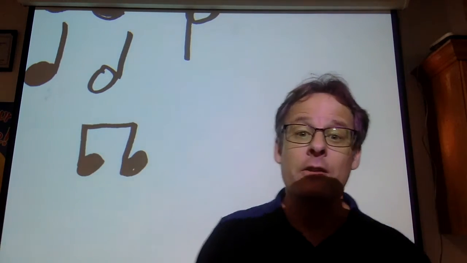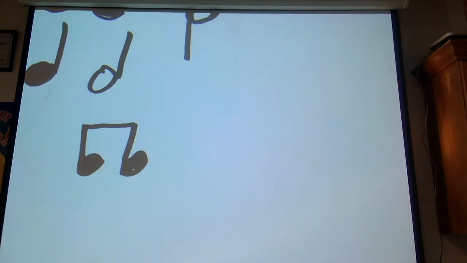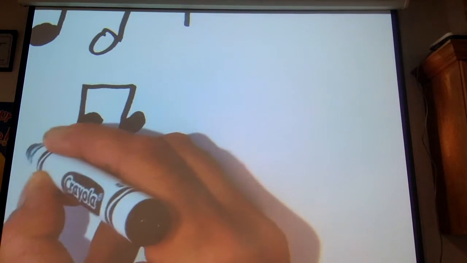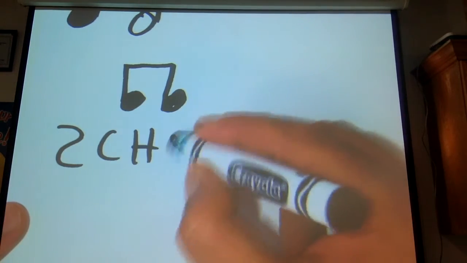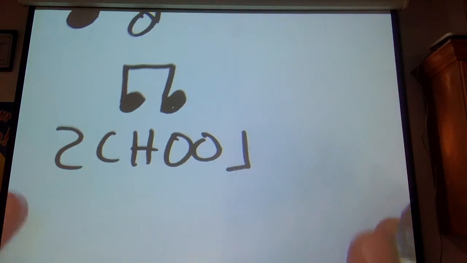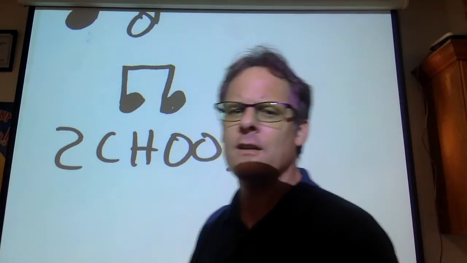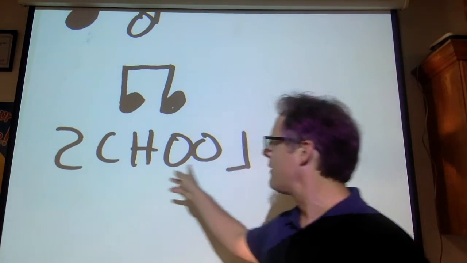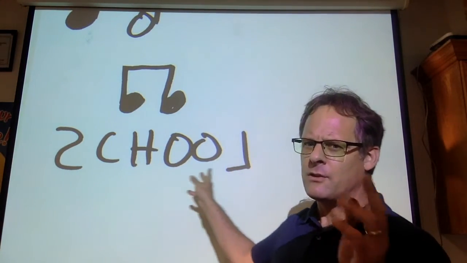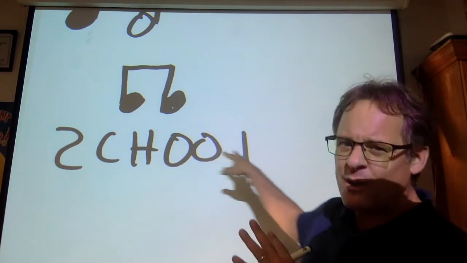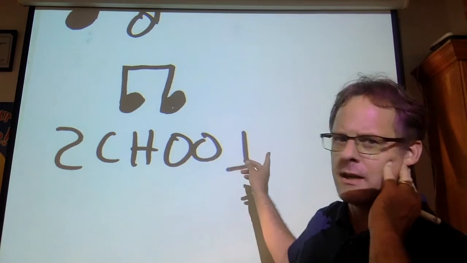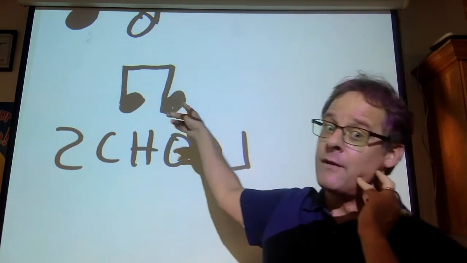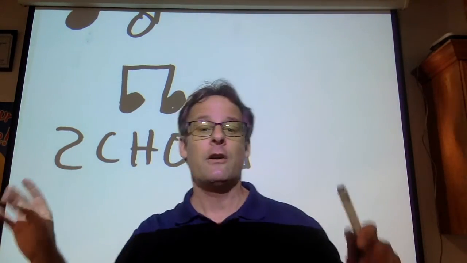It's just like in English, if somebody wrote school, right? I think they mean school. It's just some of the letters are a little bit backwards, but that's okay. It doesn't matter. I can still figure out the meaning, right? It just took me a little longer because it wasn't what I was used to seeing. Same thing with this, right? I figured it out. It just took me a little longer.